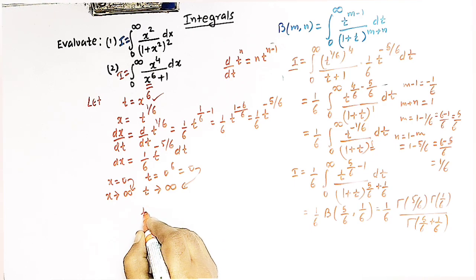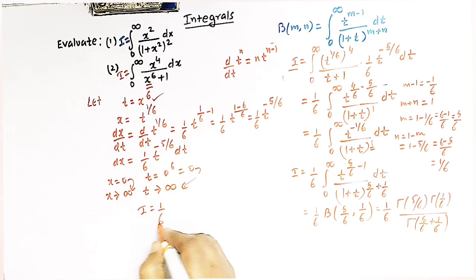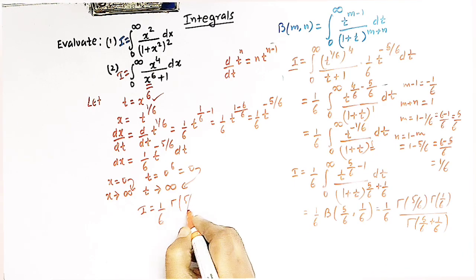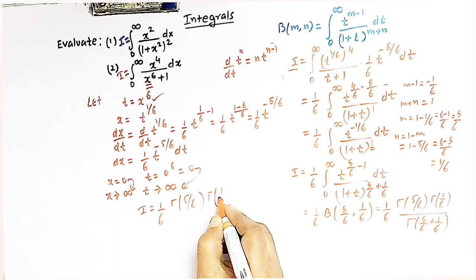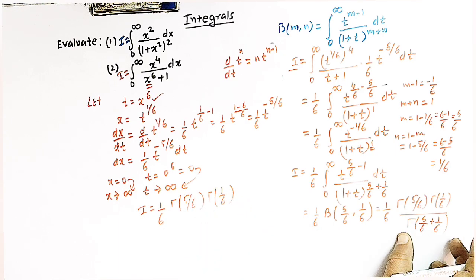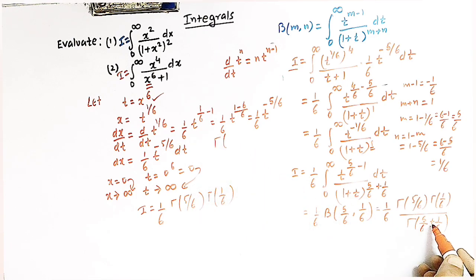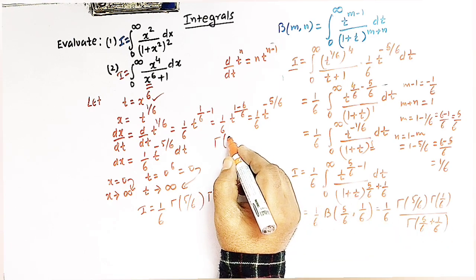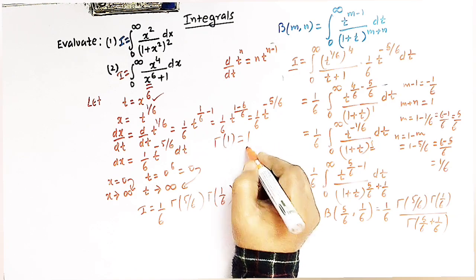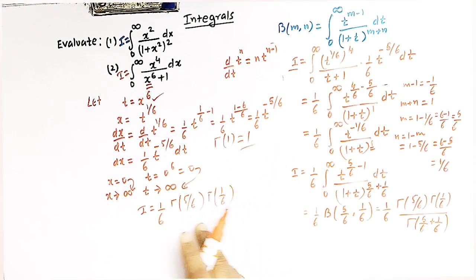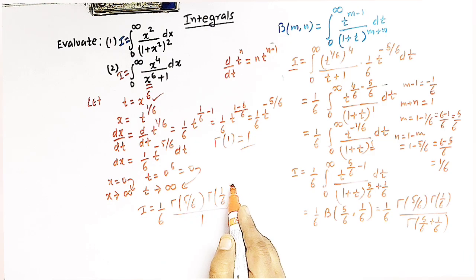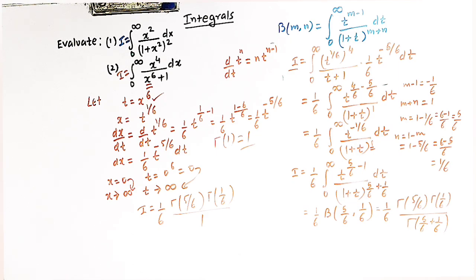So now I can be written as 1 over 6, gamma 5 over 6, gamma 1 over 6, and in the denominator we have gamma 5 over 6 plus 1 over 6, which is simply gamma 1, and gamma 1 is 1, right? So in the denominator we have 1, and now to evaluate this expression we have to make use of Euler's reflection formula.